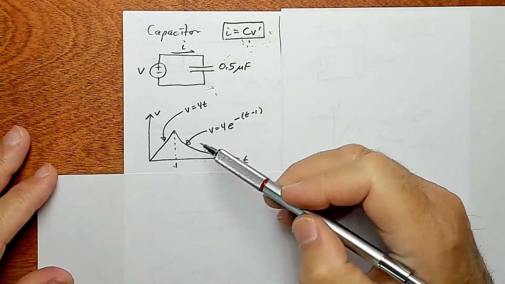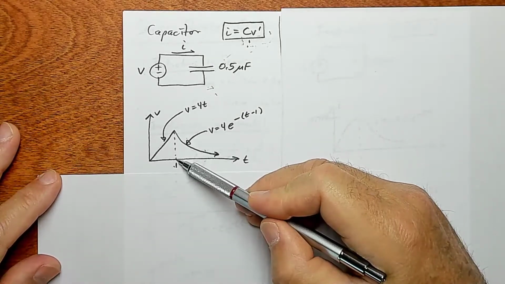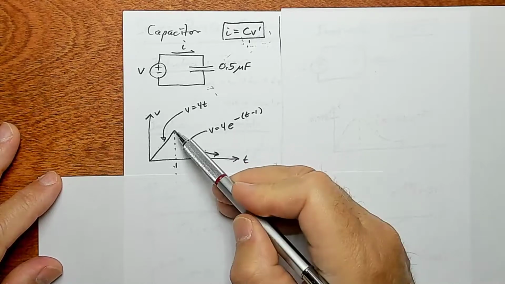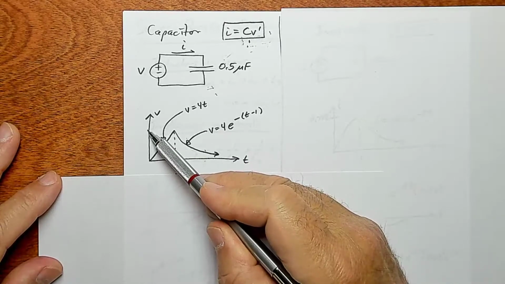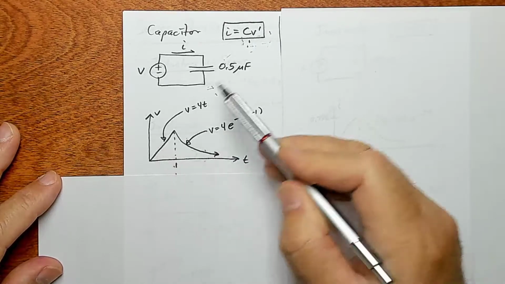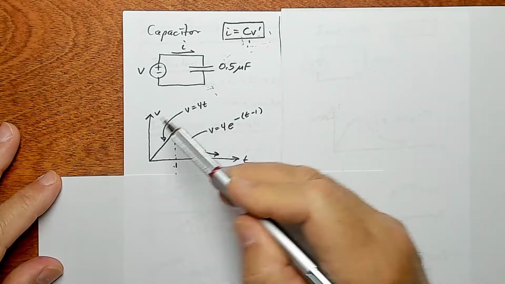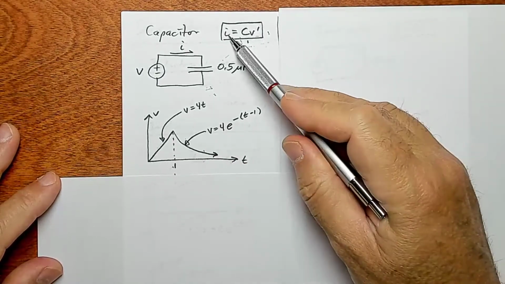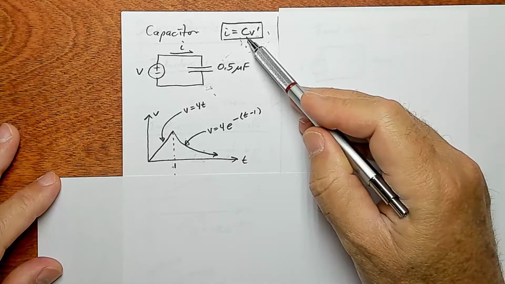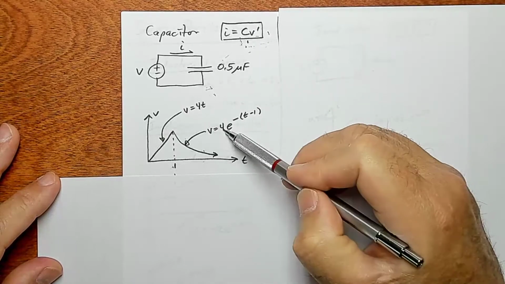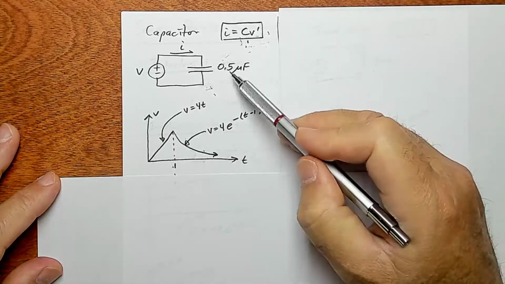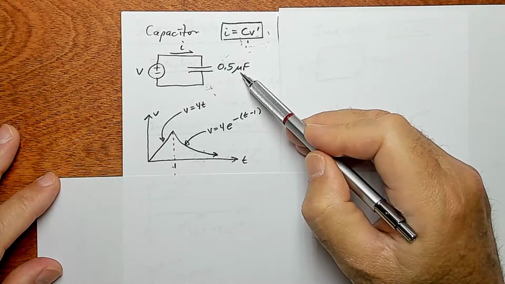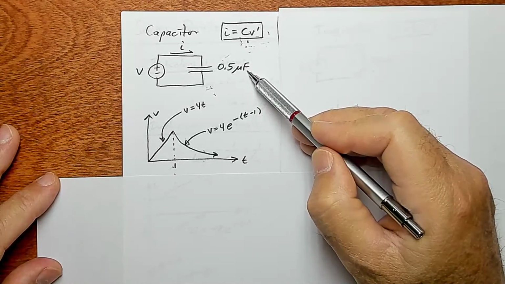So it peaks out at 1 second, at 4 volts. So what is current? It's just going to be the capacitance times the derivative of these two signals. The capacitance is half a microfarad.